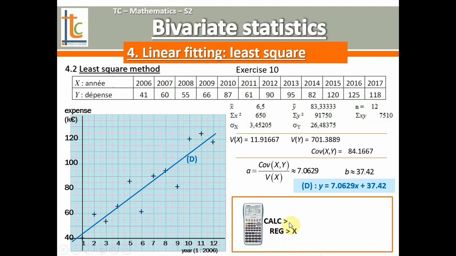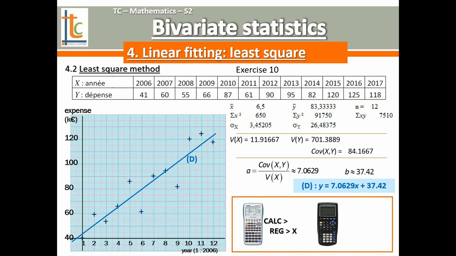That means asking a linear regression to your calculator, and then you have to choose between ax plus b or a plus bx, the French notation or the English notation of the expression of a straight line. So you can ask for ax plus b if you want to see that, or the coefficients a and b in the correct order.